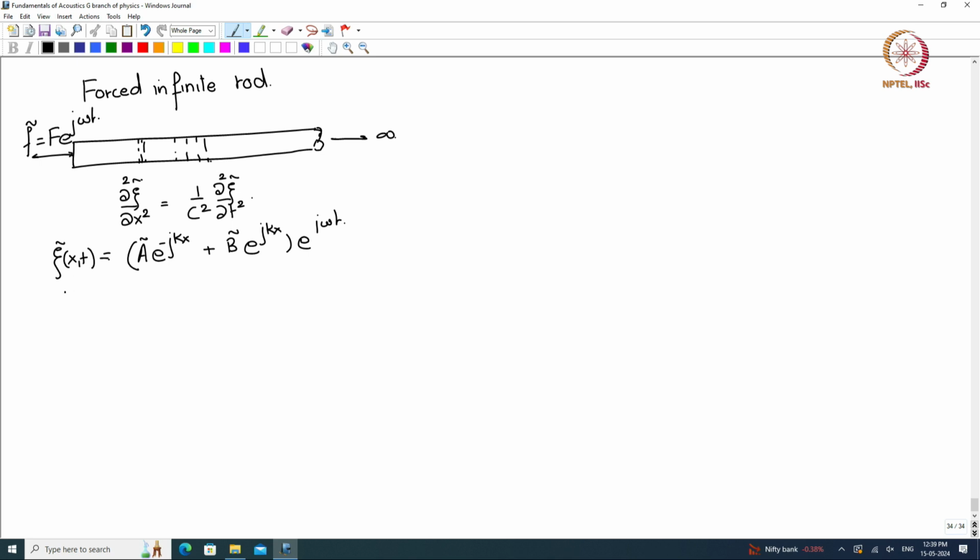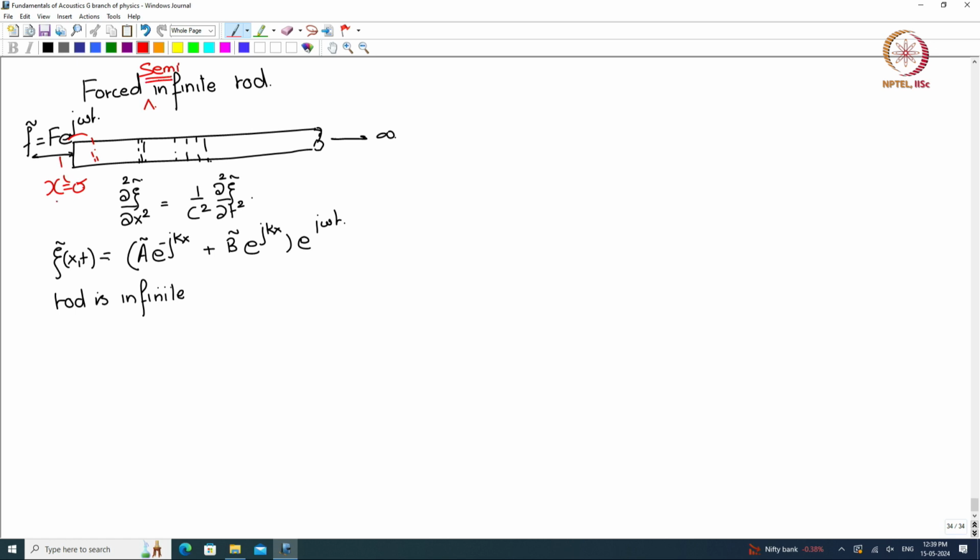Now again the rod being infinite, and therefore when we initiate a disturbance here at the left end at x equal to 0, let me correct it, people would like to call this semi infinite.